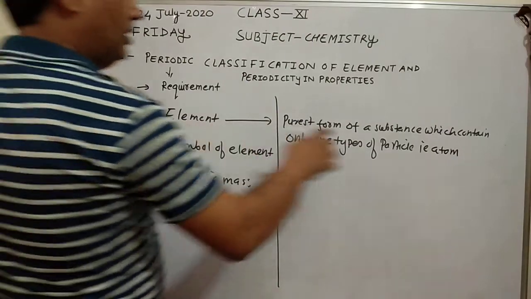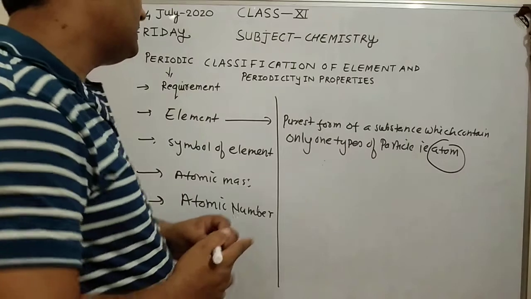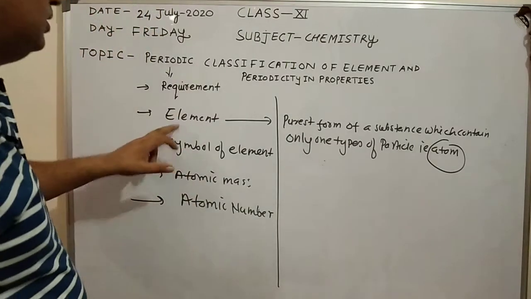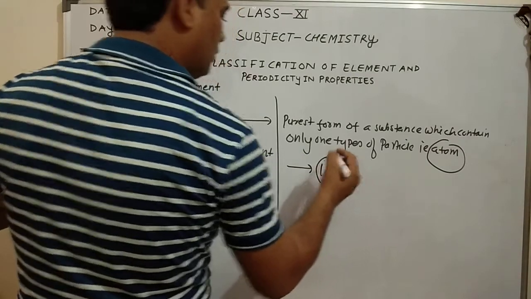In an element, all atoms are identical, that is identical in shape, identical in size, and identical in mass. How many elements are known? There are 118 elements known.